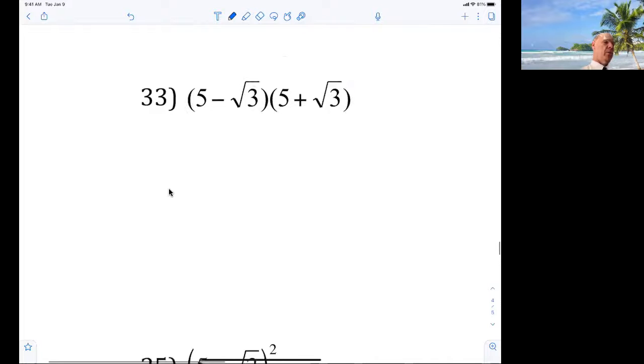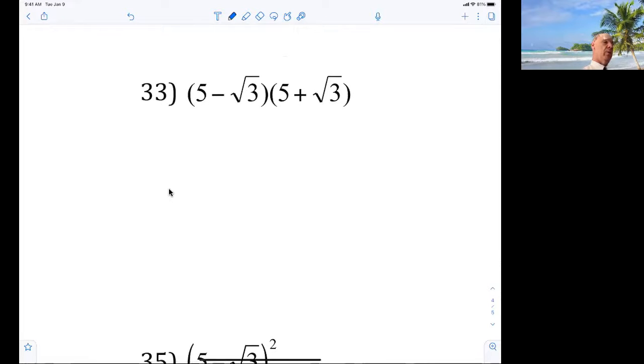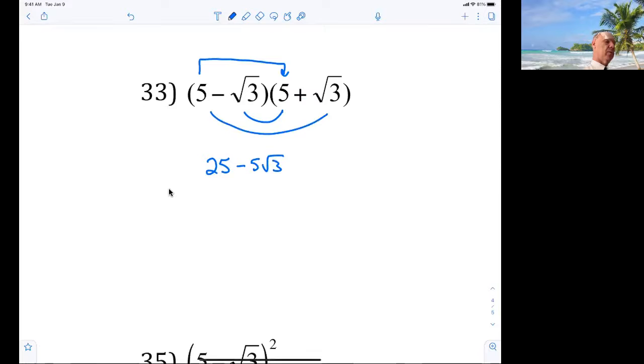All right, here we go. So now we have multiplication. 5 times 5, 25. Now we have the smiley face. Negative 5 radical 3. Second smiley face. 5 radical 3.